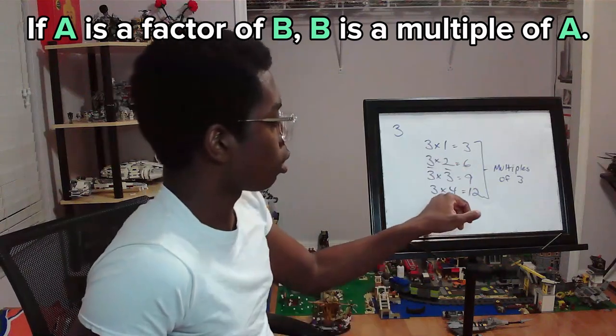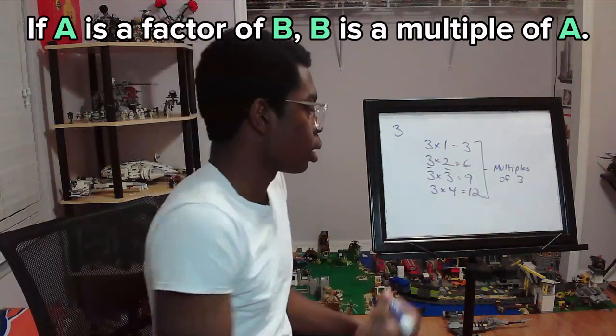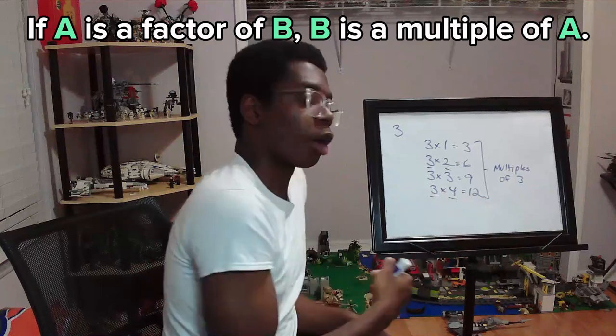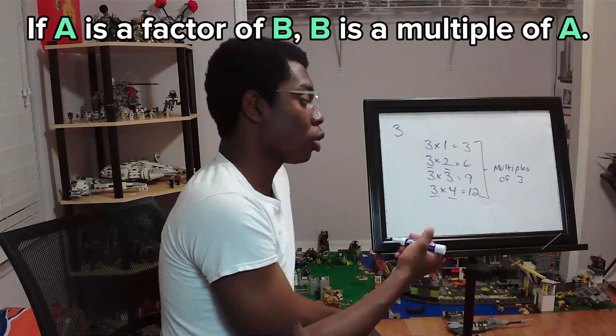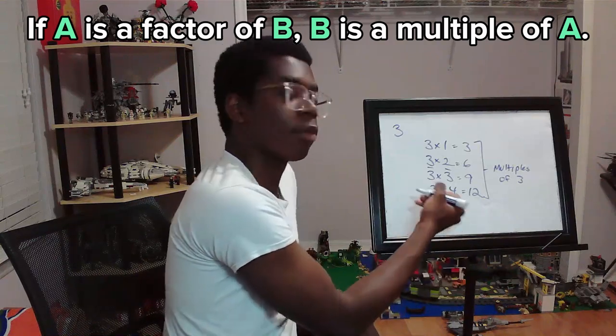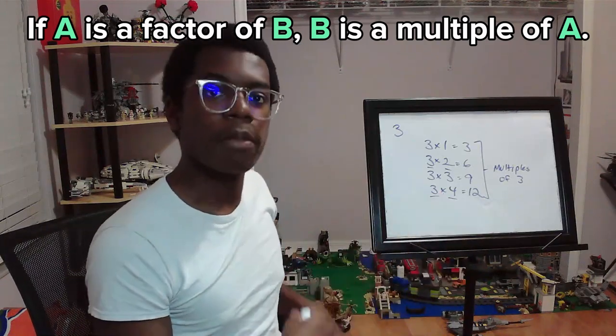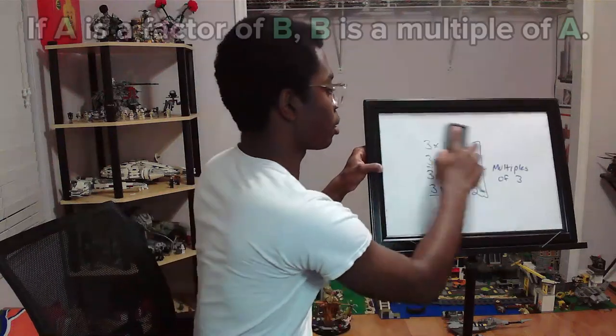Same for over here. 3 and 4 are factors of 12, and 12 is a multiple of 3 and 4. So it's like an opposite relationship, if that makes sense.